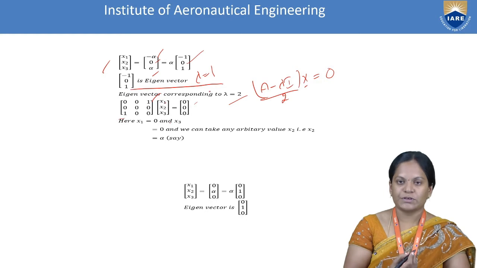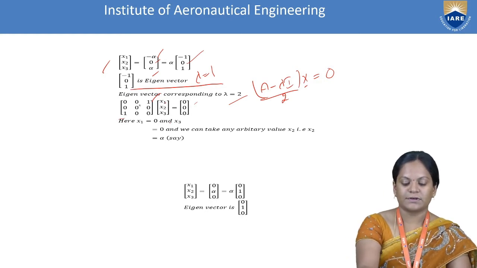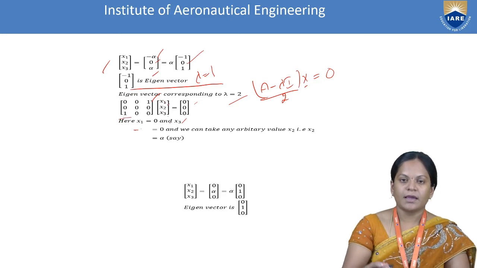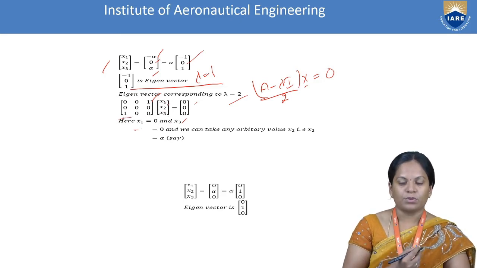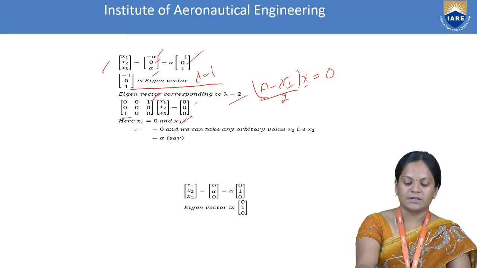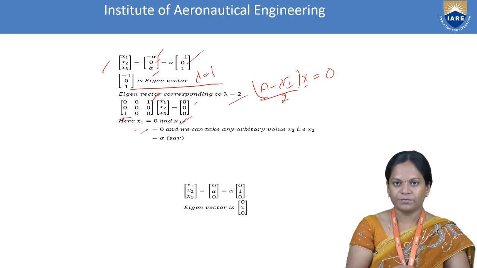Now write the equation form. Take the first row and first column: 0 into x1, 0; 0 into x2, 0; 1 into x3, x3. So here the x3 value is equal to 0, and similarly from the third equation x1 is also equal to 0. Now for any vector we have to choose one arbitrary constant. In this we already got x3 value 0 and x1 value 0.